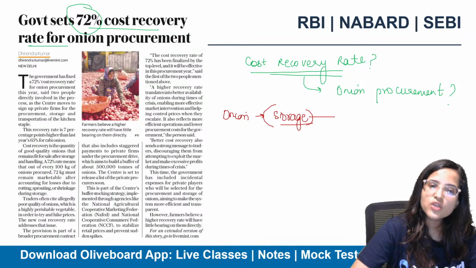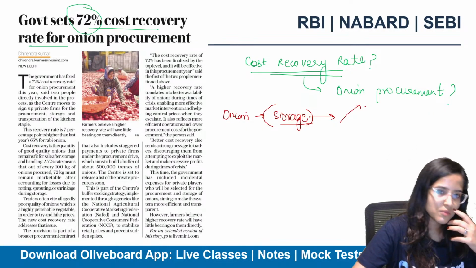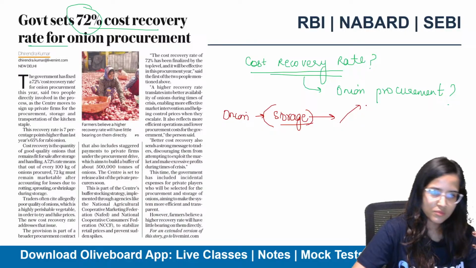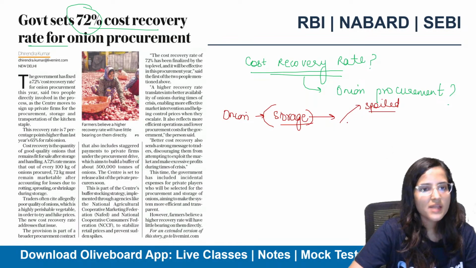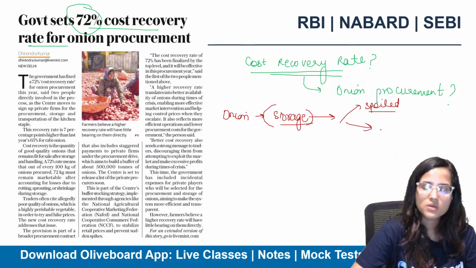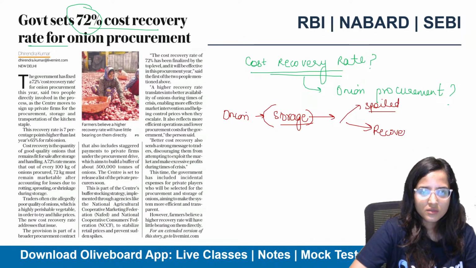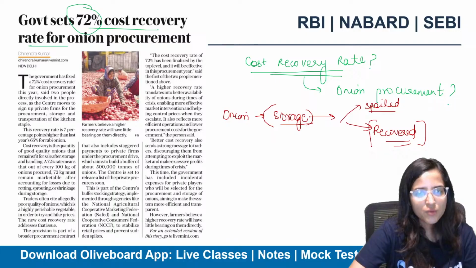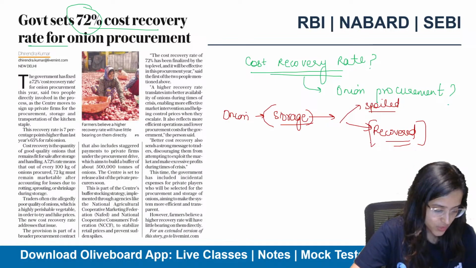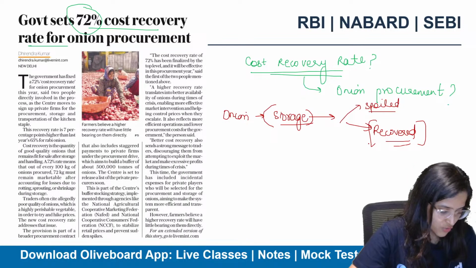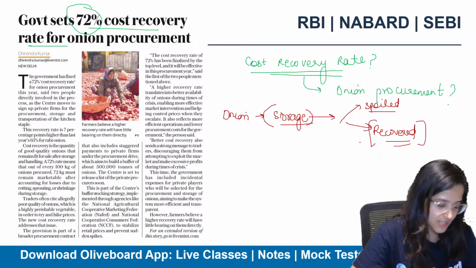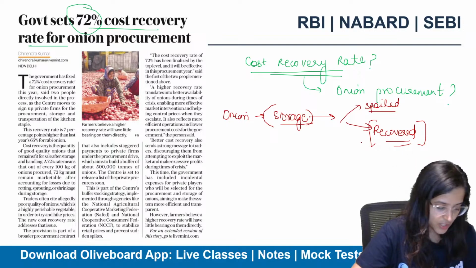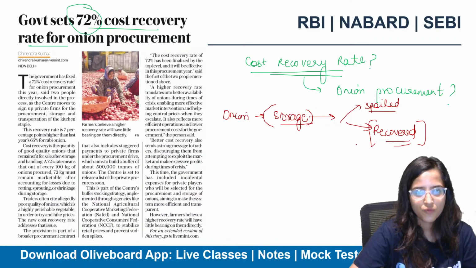Now what happens is when you store, some of the onions are going to be spoiled, and some will be recovered, which will be completely fine, which we will actually be able to use. Right? Ability of businesses to recover the costs of investment. Not exactly, but you can say something like that. Ability of businesses to recover the cost of what they have invested.